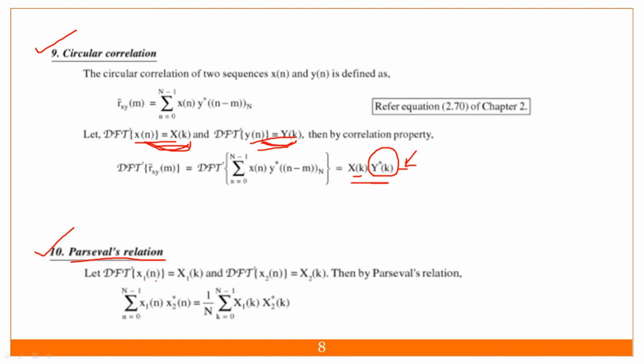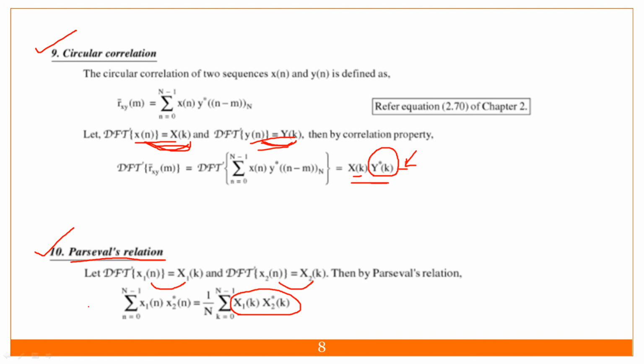So the last property is Parseval's relation. Suppose I take the DFT of the x1 sequence, that is X1 of k, and the second is X2 of k. Then the relation is given by the summation from 0 to N minus 1 of x1 of n times the complex conjugate of x2 of n, equal to 1 by N times the summation over k from 0 to N minus 1 of X1 of k times the complex conjugate of X2 of k.